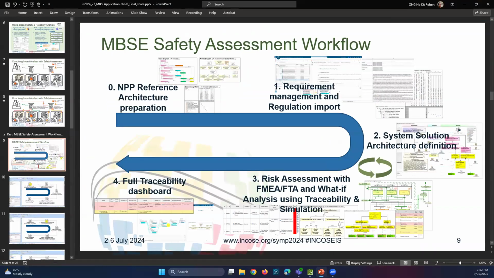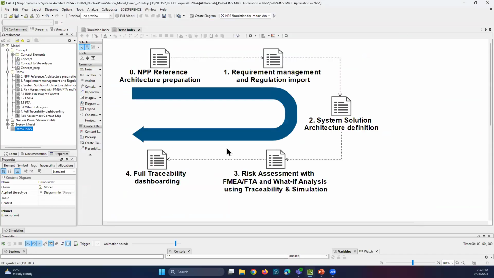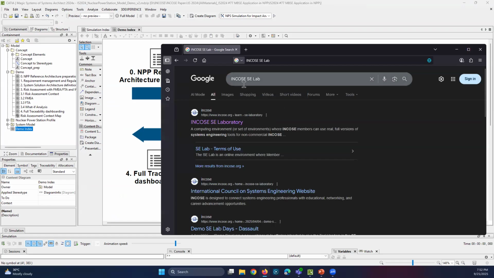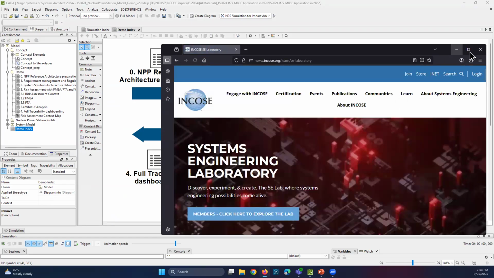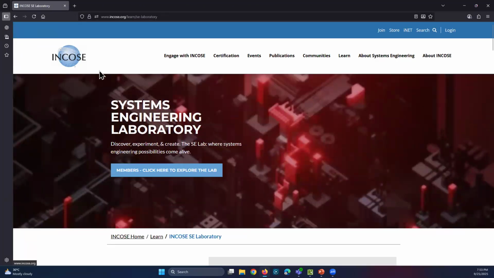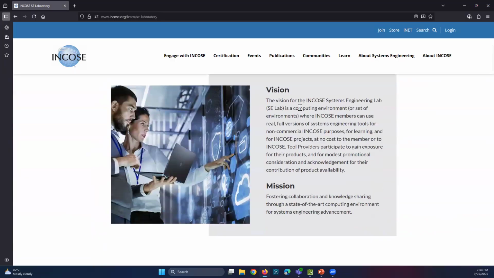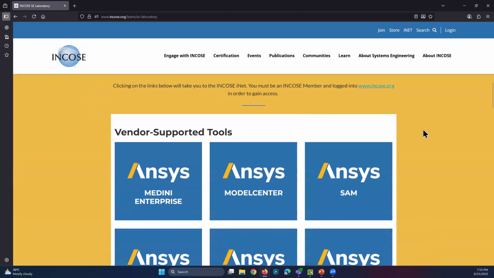All right, so let me open up the tools. The tools that we are using here come from the SE Lab. If you search on the website using the keyword INCOSE SE Lab, you're able to find this particular website provided by INCOSE. If you are an INCOSE member, you log in and you're able to request all these tools for self-learning.